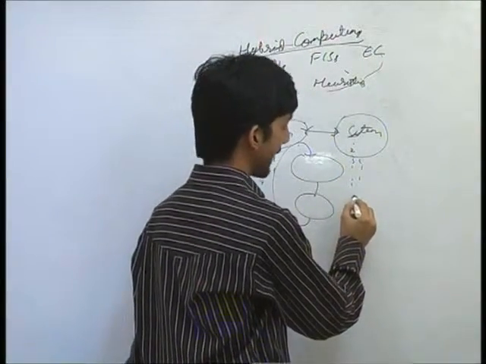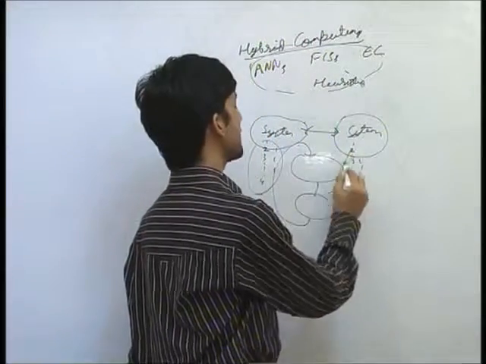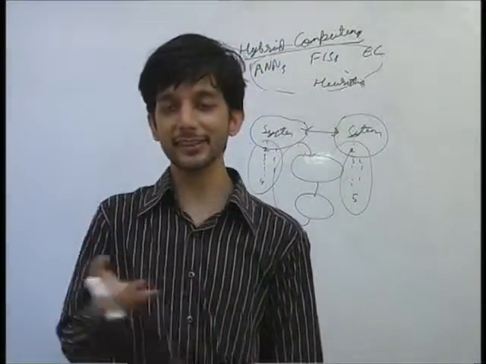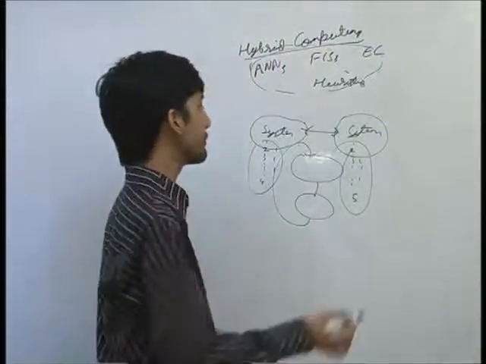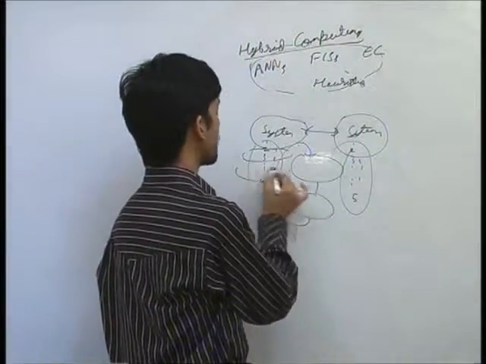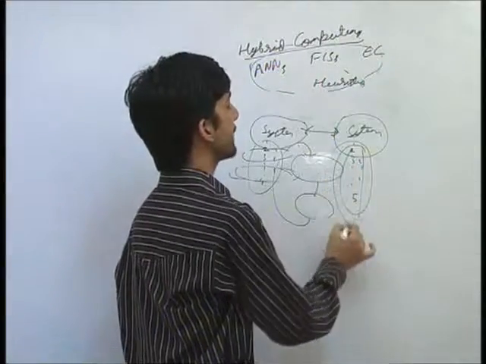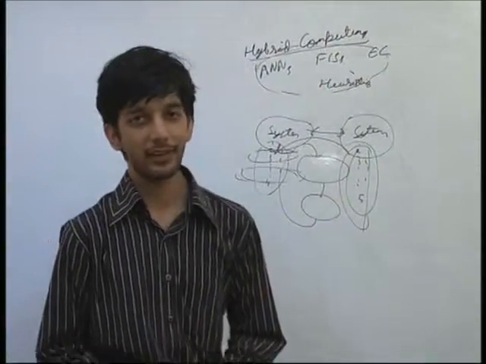So there will be a list of characteristics of both these systems being hybridized, and after we note down these characteristics, we are to analyze what the shortcomings of this system are, and how the advantages of this system can overcome the shortcomings of the other system.